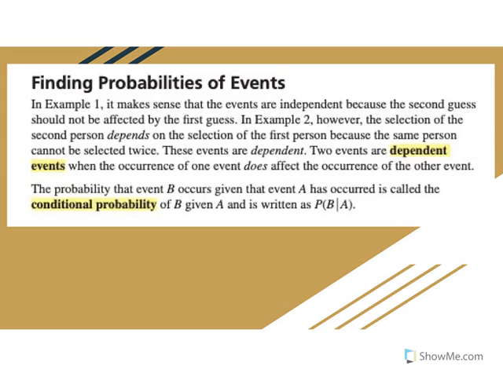Again, the book has these fancy mathematical ways of finding these probabilities, and we're going to have to now figure out the probability of something happening. This slide is really talking more about what is dependent. We've already talked about that.